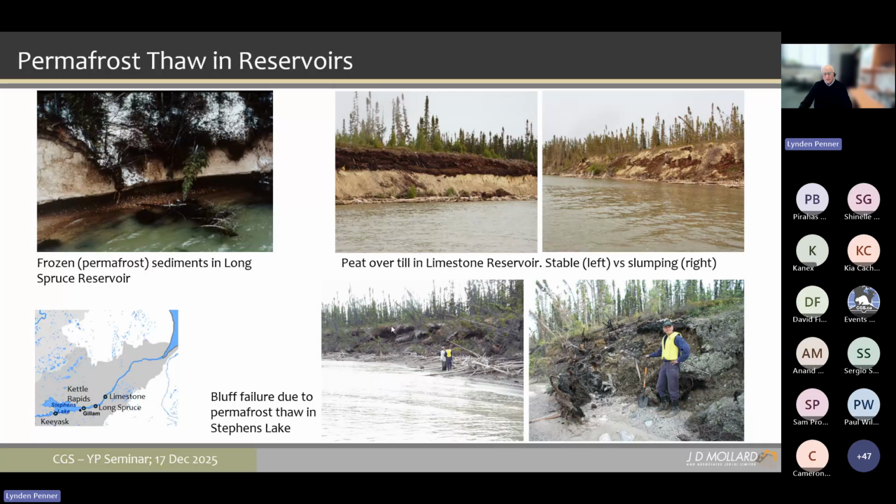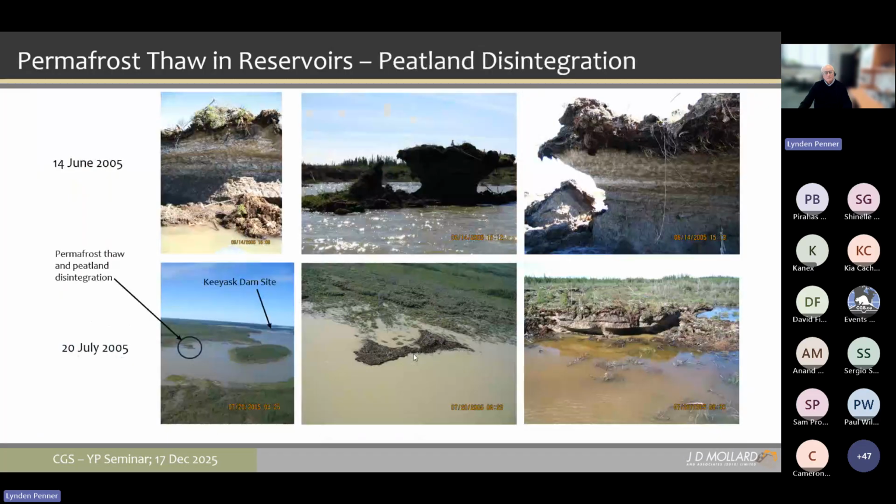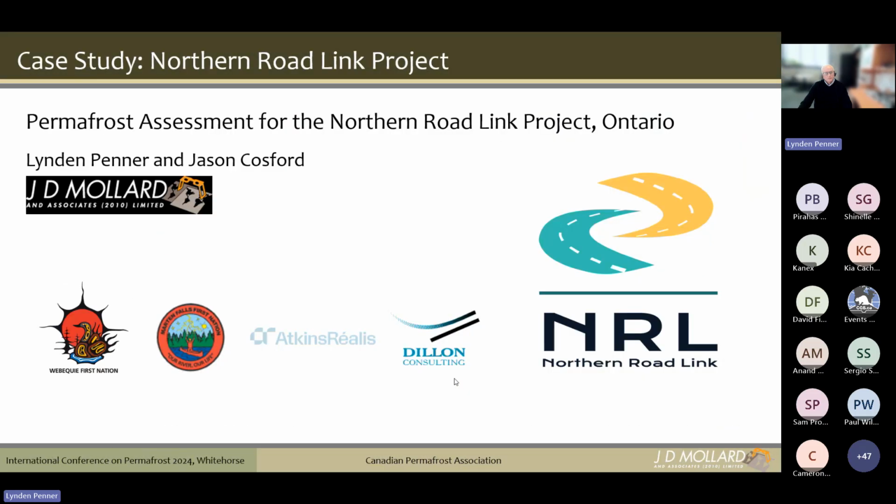Collapse and failure of the banks related to permafrost thaw in Stevens Lake. This is that one that I showed you at the beginning with the thick ice lenses within it. We came back a year later and that had completely melted. And so all you were left with was the superficial peat that had collapsed into the reservoir.